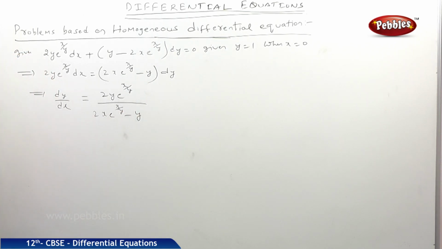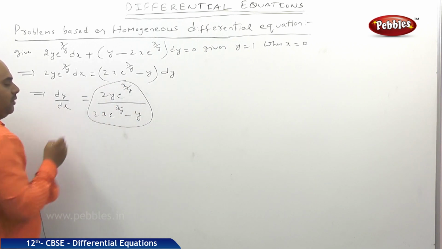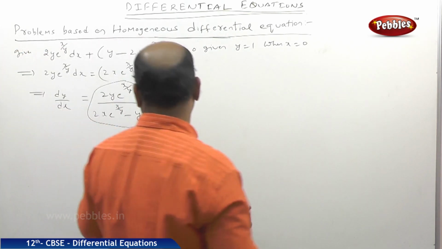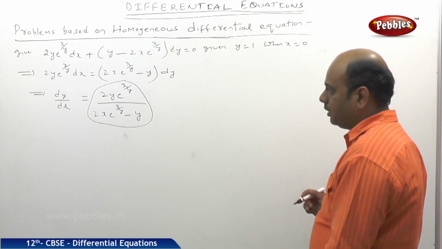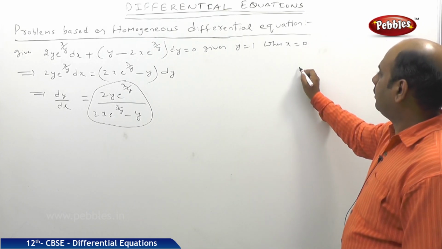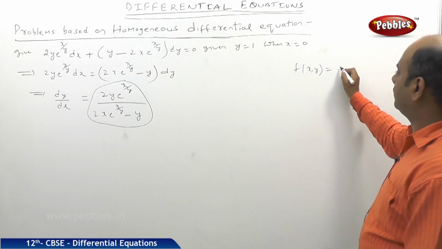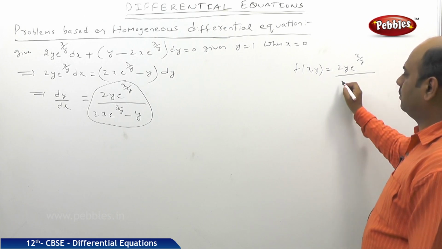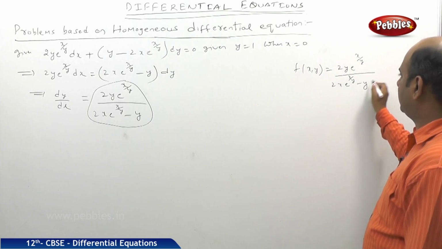Now, if you could observe carefully, this is the given function for us. Whether this is homogeneous or not, we need to verify in rough. I doubt sometimes, because if it is not homogeneous, we need to solve by some other technique. I want to verify for some time. So f of x comma y is equal to 2y e power x by y whole divided by 2x e power x by y minus y.